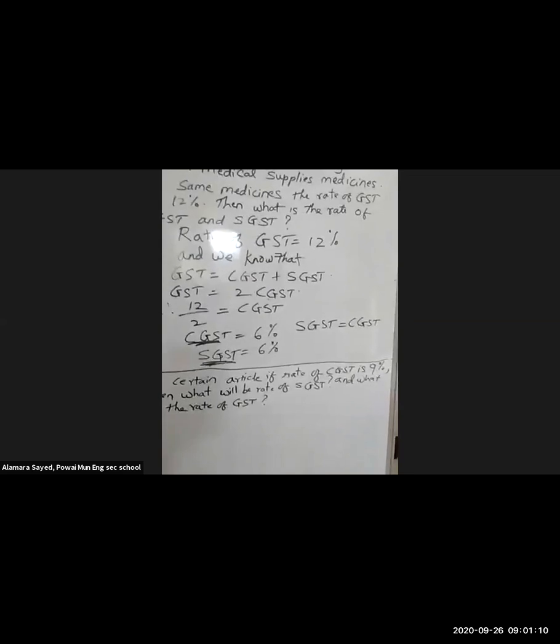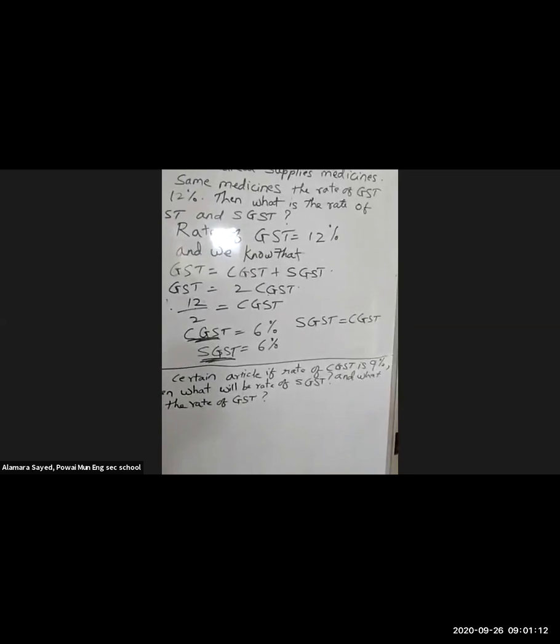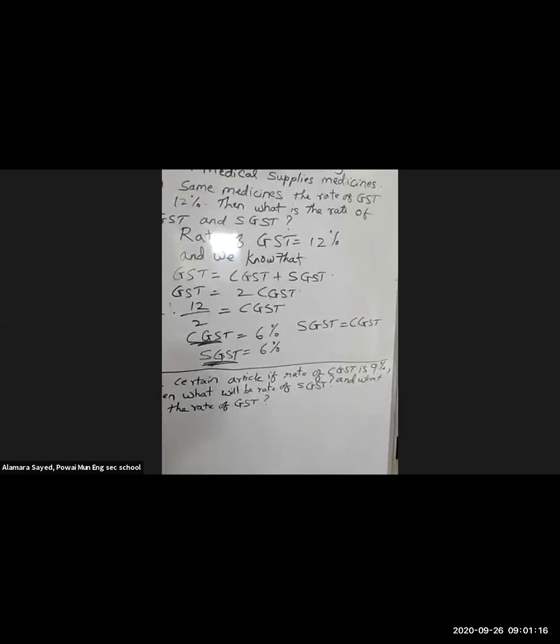Therefore 12 upon 2 is equal to CGST. So CGST is equal to 6%, and as SGST is equal to CGST, SGST will also be 6%. This is the answer for the first question.